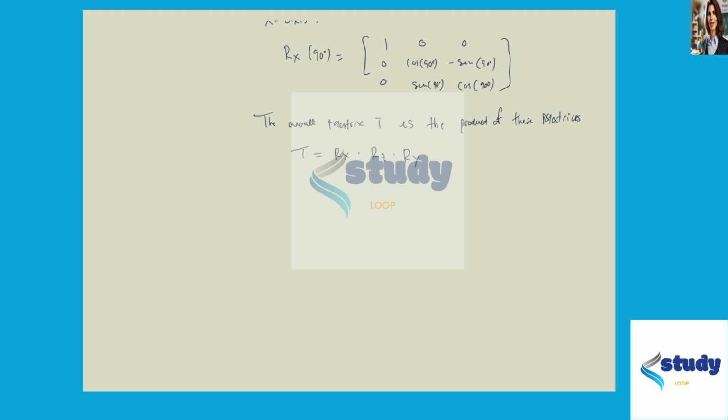Now, for the second step, given the rotations and the translation, we rotate 60 degrees about the n-axis.